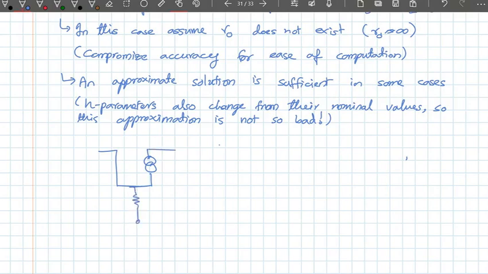Okay, so we have the base, collector, emitter, we have the Re, basically Re is equal to R pi divided by beta, and beta times IB, or GM times VBE, with IB, IC, and IE. Okay, so this is my new circuit.